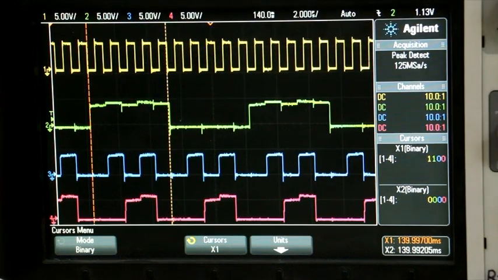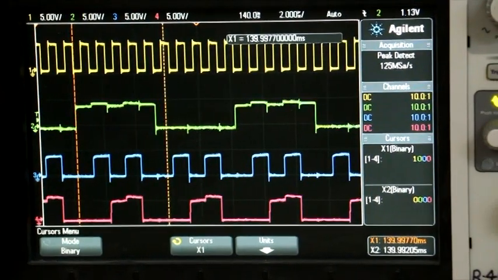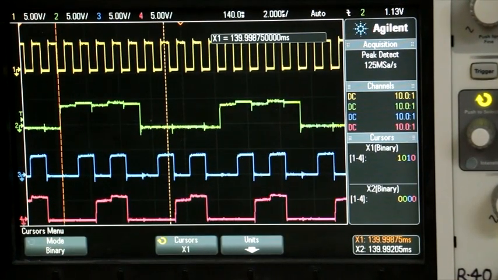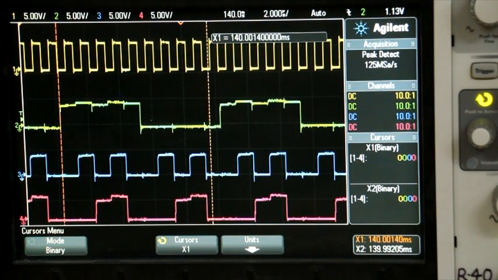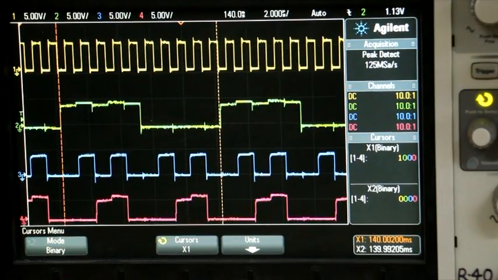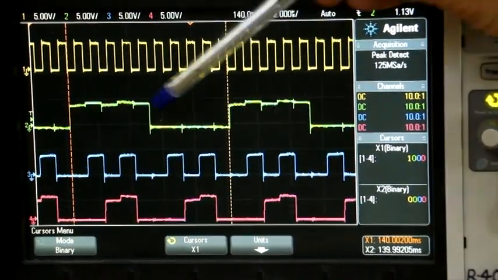Now if I move to the lower period, you can see that I am coming to the 6th clock, 6, 7, 8, 9, and finally 10. So you can see that both high and low are exactly the same. 5 clocks it is high, 5 clocks it is low.